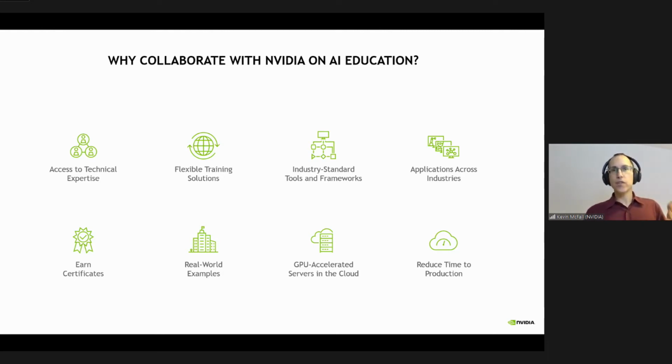So why is it a good idea to collaborate with NVIDIA on AI and high performance computing? I have been amazed at working at NVIDIA. There are so many amazing people doing work across every aspect of AI and high performance computing. It's amazing, all of the incredible work that's done at NVIDIA, and we like to share that. We pull in real world examples. We have a lot of technical expertise at NVIDIA.